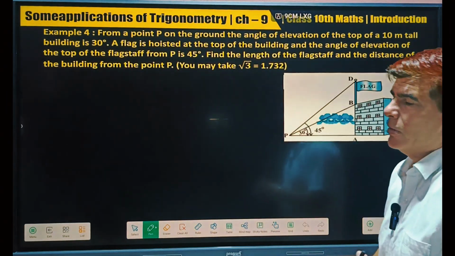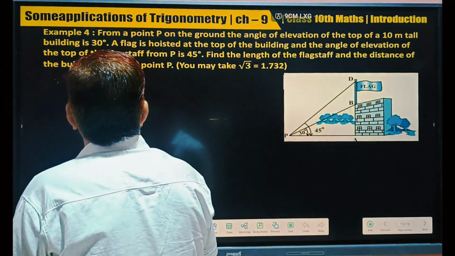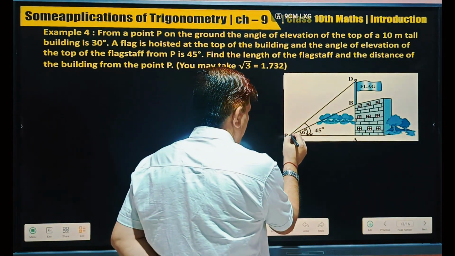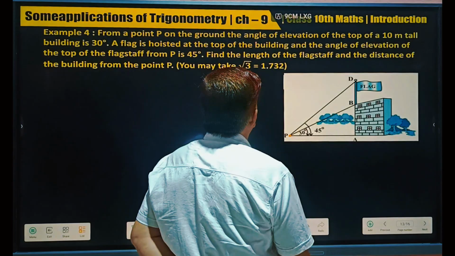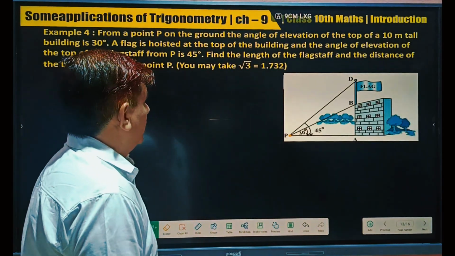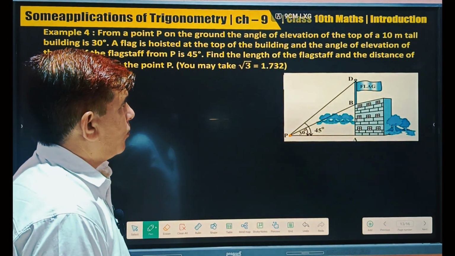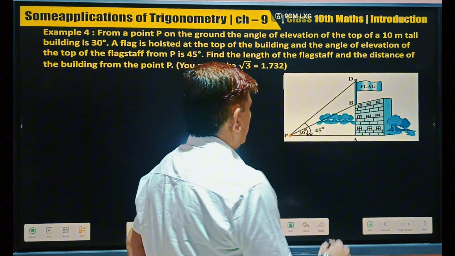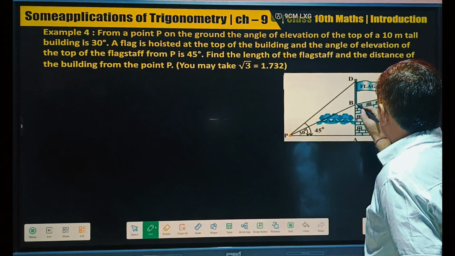One more question is given. Try to understand. From a point P on the ground, this is the point P on the ground, the angle of elevation of the top of a 10 meter tall building. So this is a building.